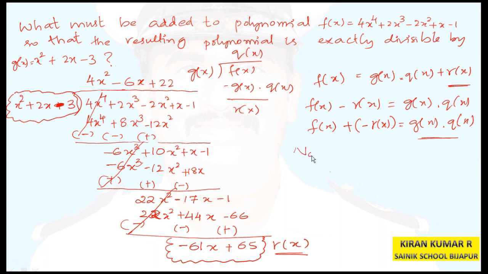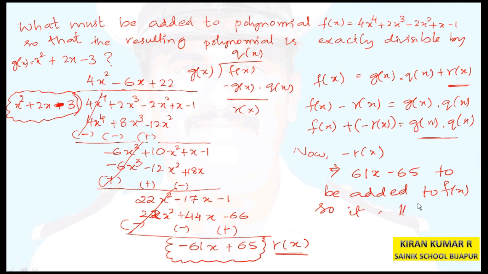So now then conclude that minus r of x, which is plus 61x minus 65, to be added to f of x, so it will be exactly divisible by g of x.